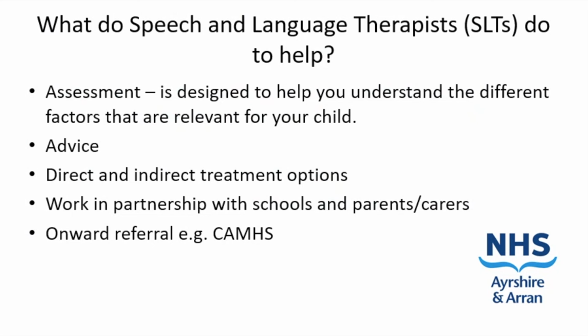It's more about making sure the family has some really good communication skills going on at home. Direct treatment refers to work with the child, where we're looking at how they're speaking in a wee bit more detail. But largely what we look at are the communication skills of the people around the child.